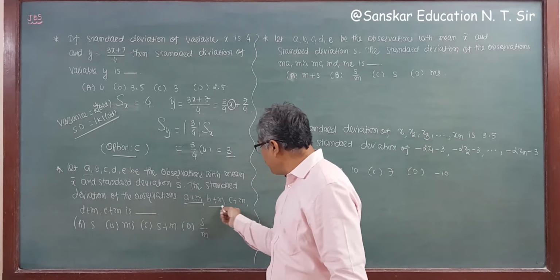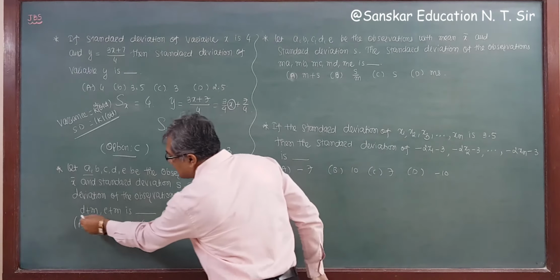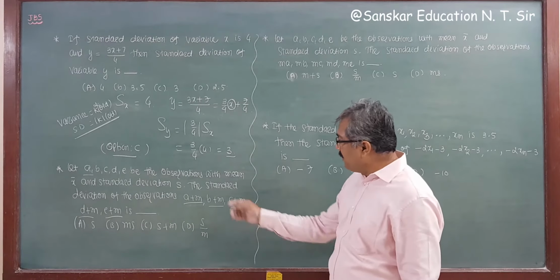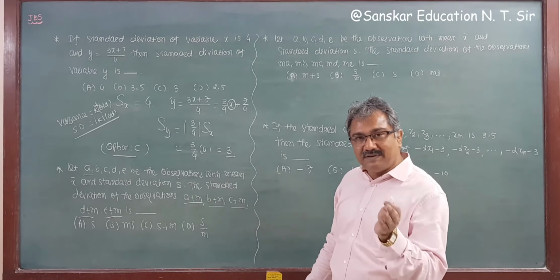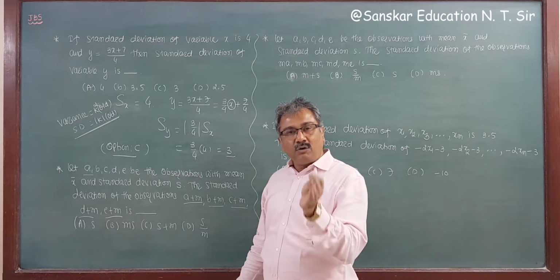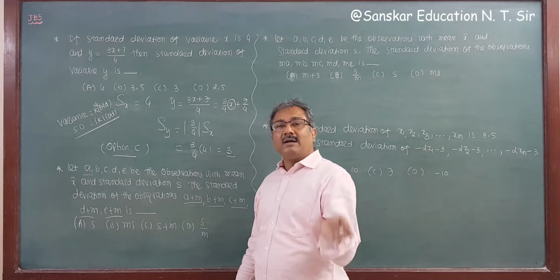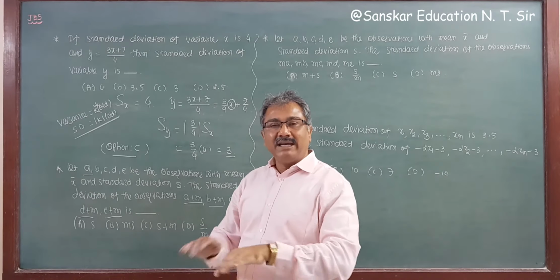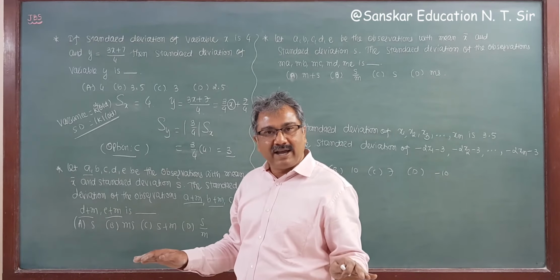See here, b plus m, c plus m, d plus m, e plus m, right? So we are adding the constant m to the observations. If we add a constant, then the mean will be increased by that constant, and the standard deviation is not affected.